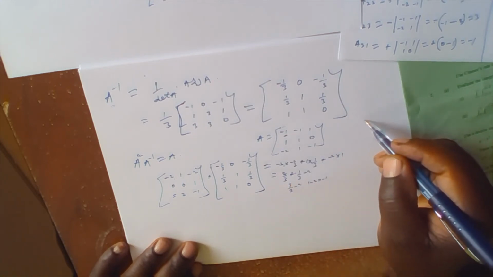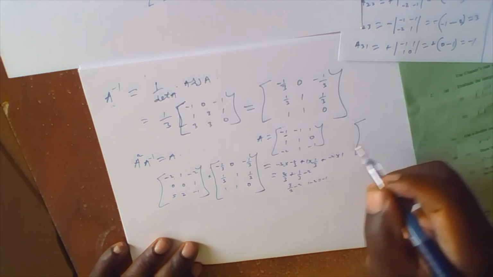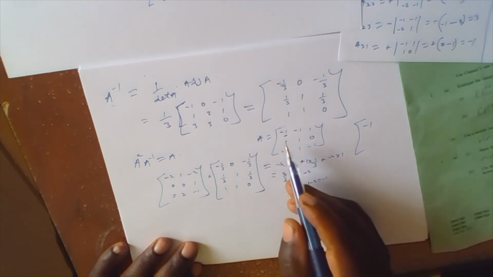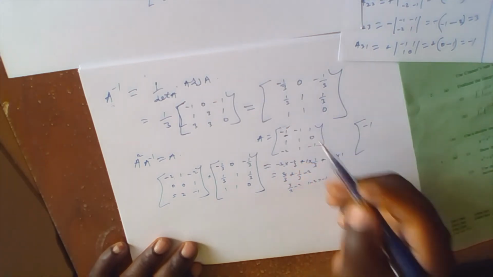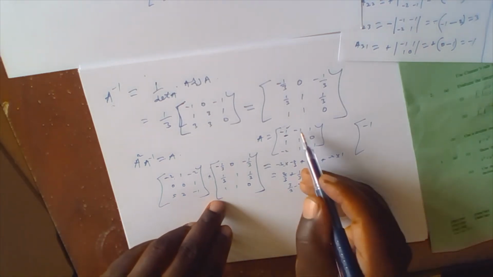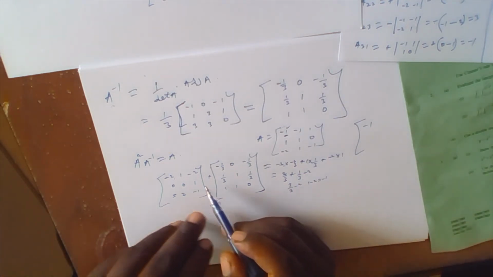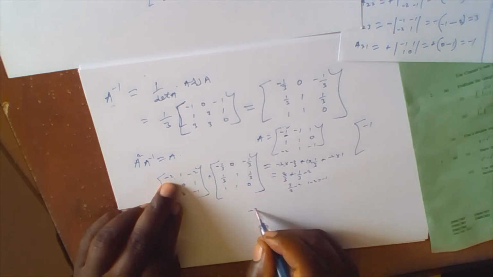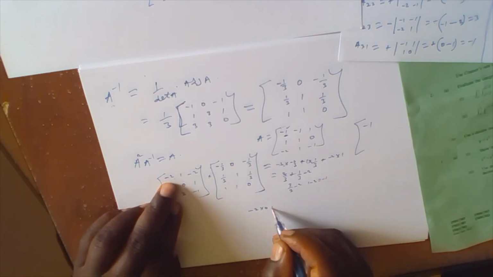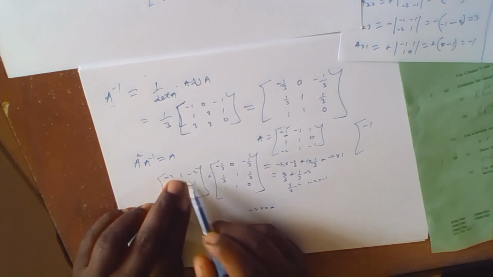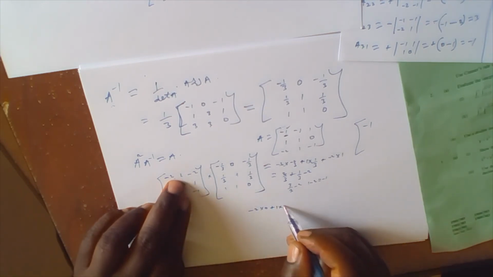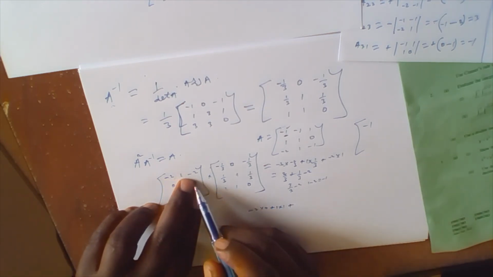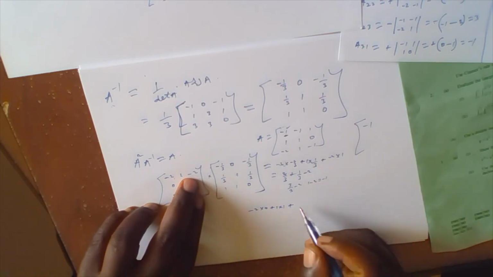Let us see now. We have negative 1. So we have gotten the first element. This second element we take, it will be negative 2 times 0 plus 1 times 1 plus negative 2 times 1.